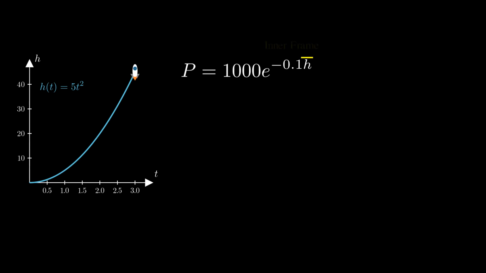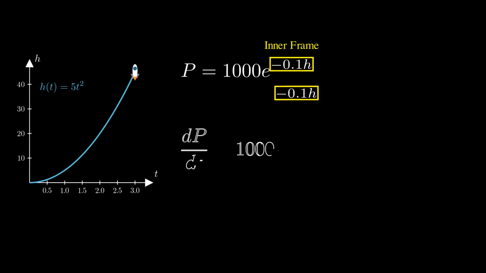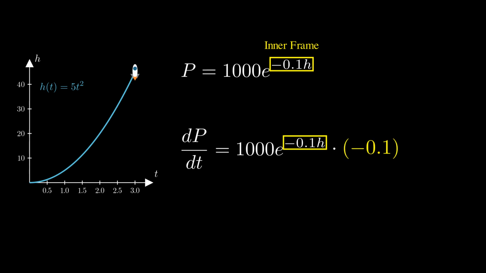The question is, how fast is the pressure changing with respect to time? We have pressure in terms of height, but we need the rate in terms of seconds. We apply the chain rule. First, we differentiate the outer pressure function with respect to height. The exponential stays the same. Then the chain continues.